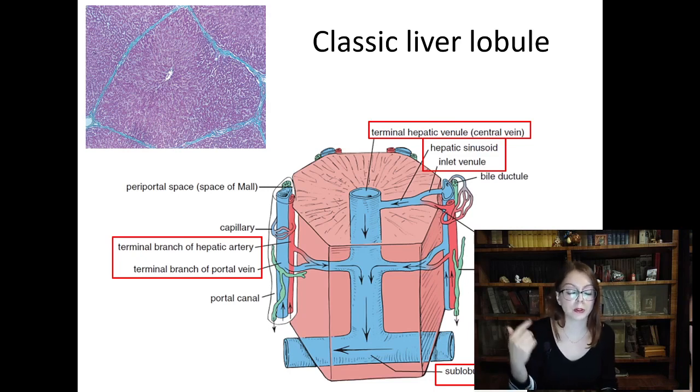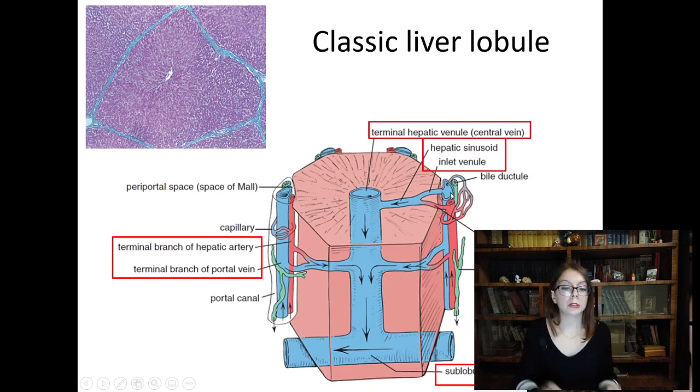You should understand that there are more than three structures combined together at the periphery of the classic liver lobule. What is especially interesting, notice that the liver has two vessels bringing blood to its circulation, and the liver is a unique organ in these terms, as it receives not only arterial blood, but venous as well.